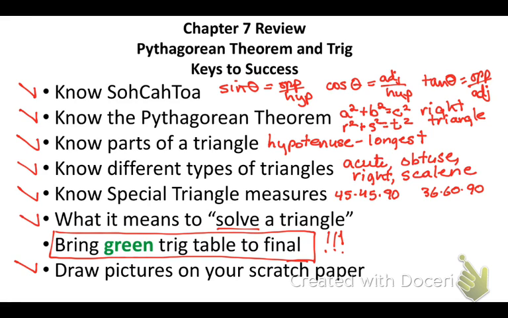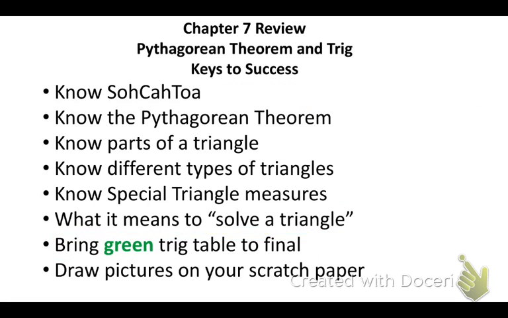So if you do your work on scratch paper, draw pictures, that sort of thing, I can look at that and say, oh, well, this was just a really teeny mistake, and maybe I'll take away just 1 point and give you the rest of the credit. But if I don't have that scratch paper, I can't do that. So you'll get more points if you use scratch paper and turn it in at the end of the final.